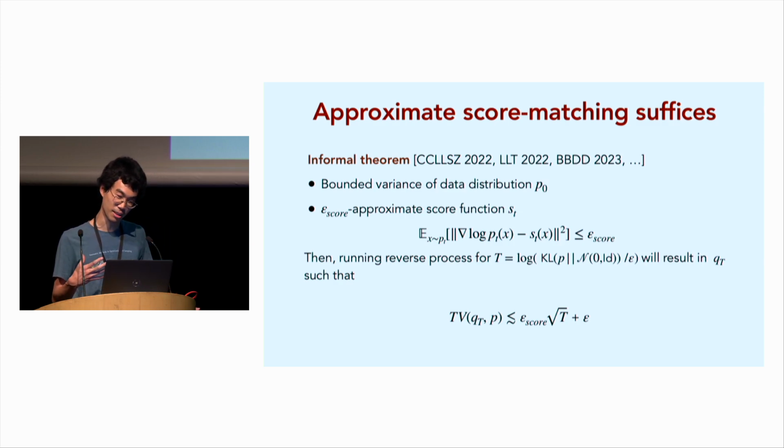More precisely, as long as you have bounded variance for the data distribution and an epsilon-approximate score function for the different noise levels in the L2 sense, then you can get a bound on how close the sample distribution will be to the data distribution if you run this reverse process. As long as you choose your epsilon for your score function approximation small enough, you can get the TV distance within epsilon.